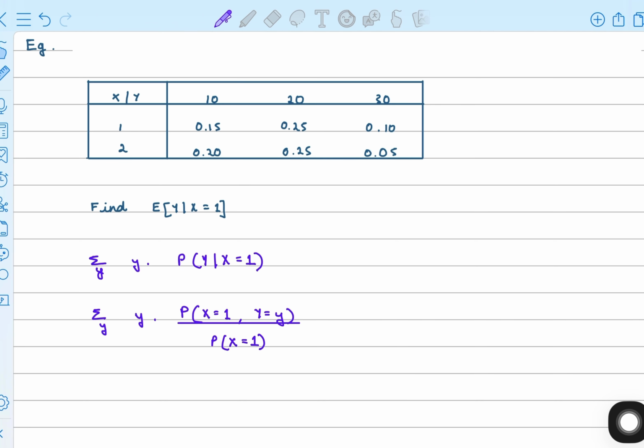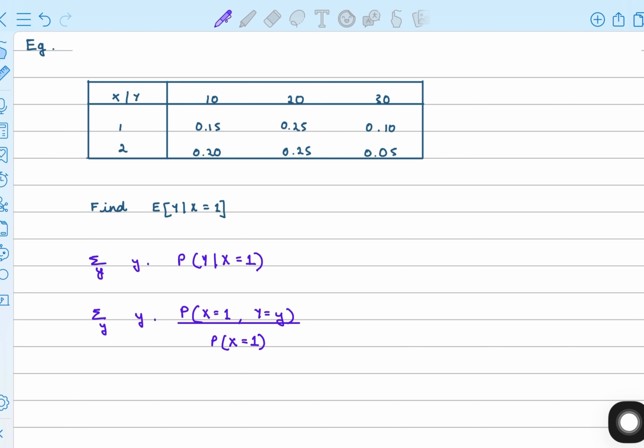Using the formula, we have written the expectation of y given the value of x as the summation over the range of y of y times the probability of y given x is equal to 1, and then we have simply expanded our conditional probability function. Our next step is to find the probability that x is equal to 1.